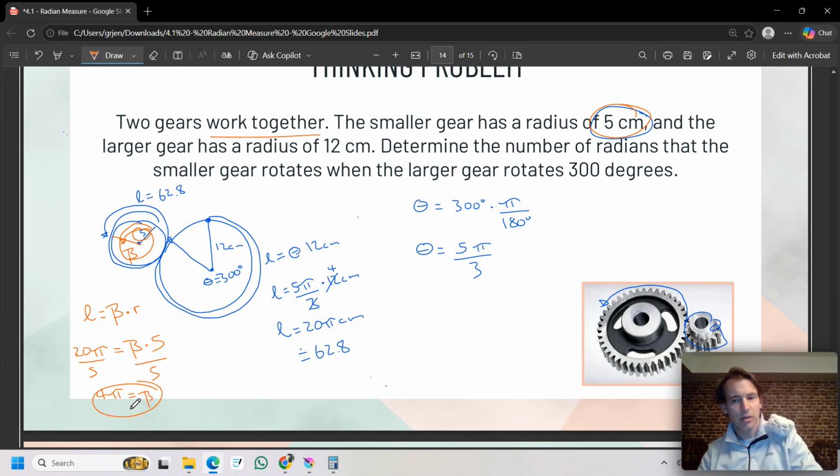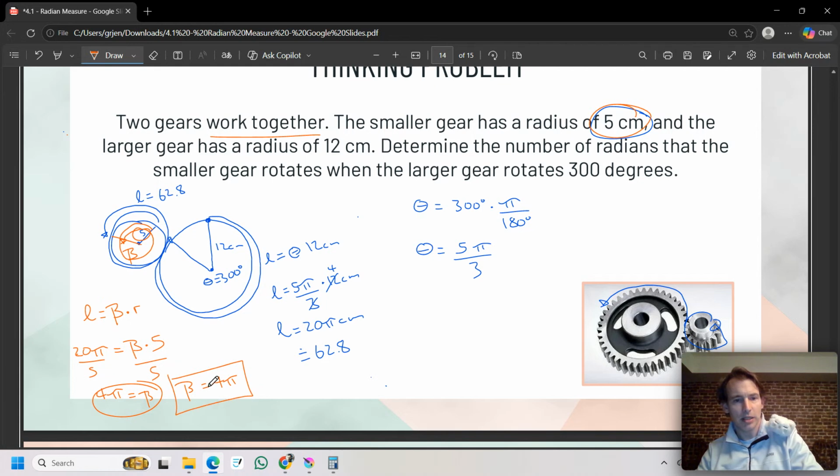Well, that's cool. It goes through 720 degrees, or 2 pi times 2. So beta equals 4 pi, which would be the exact answer.